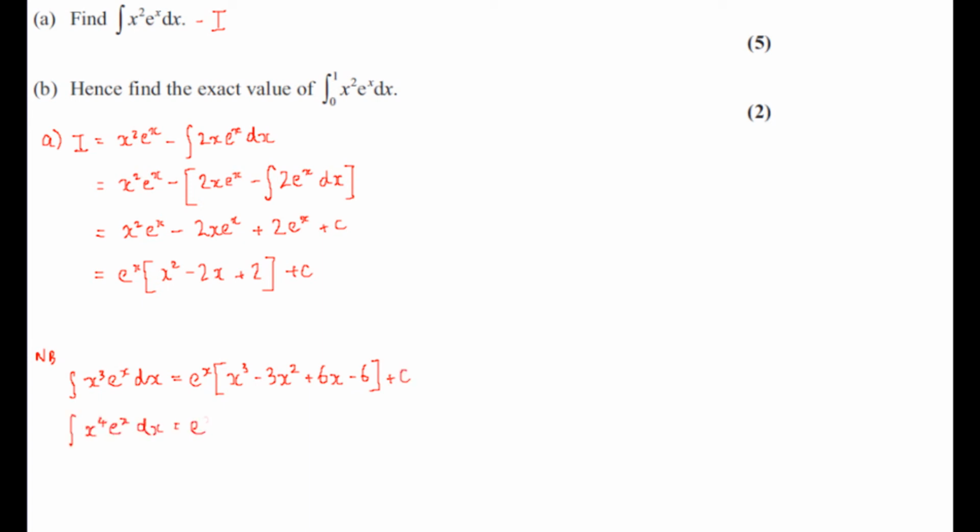And if we go on, x to the 4 e to the x integrated is e to the x outside the bracket, and then we've got a sequence, or a series, whichever you want to call it, a polynomial of degree 4: x to the power 4, change the sign, minus, differentiate x to the 4, we get 4x cubed, differentiate 4x cubed, we get 12x squared, change the sign, differentiate, and you get the idea, and so on.